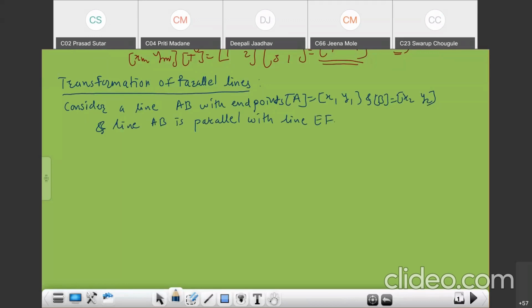There is another line EF which is parallel to line AB. These two lines are parallel.